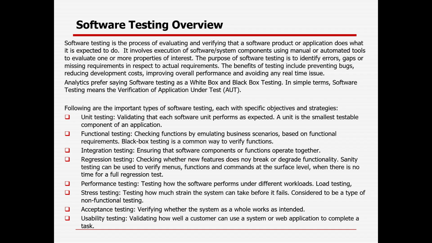At the end of the day, you can do the usability testing, where the business user can validate that the system or web application is working properly, and the look and feel is also good for the end user. So that is the way different testing processes will be involved as part of the software testing life cycle.